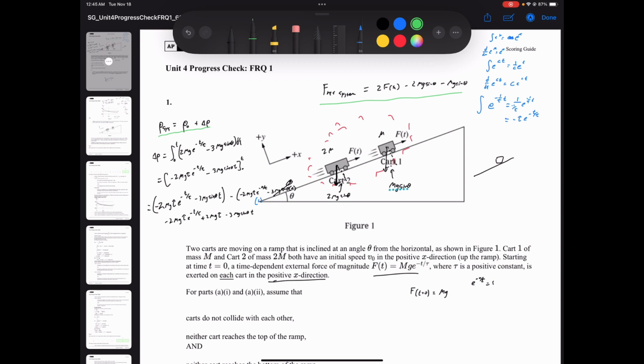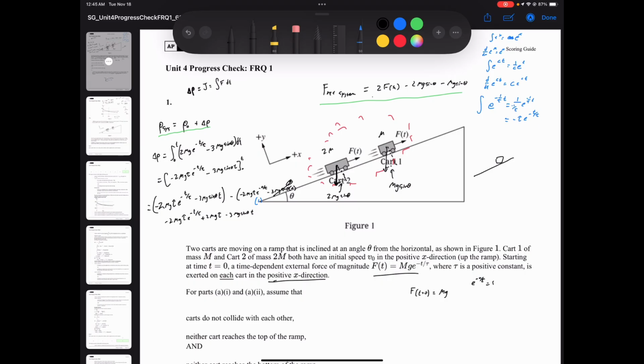And so what we're going to use is the impulse momentum theorem. So we know that the change of momentum is equal to the impulse, which is equal to the integral of f dt. All right, so that's what I do here.